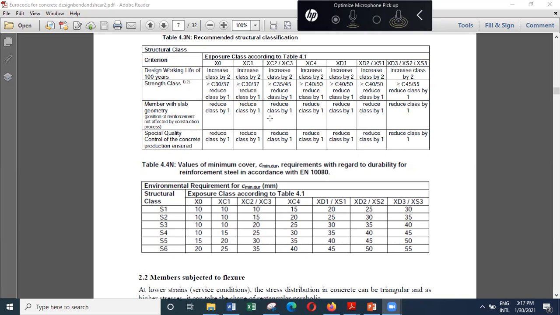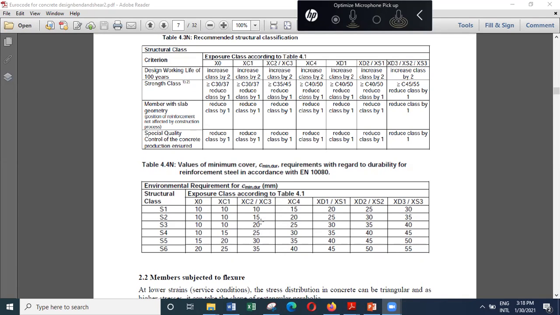And if you are casting a slab, again you can reduce the class by 1. So here you can see, if you are casting a beam, you have to use a cover of 25 millimeter minimum. And if you are casting a slab, you can use a cover of 20 millimeter minimum.